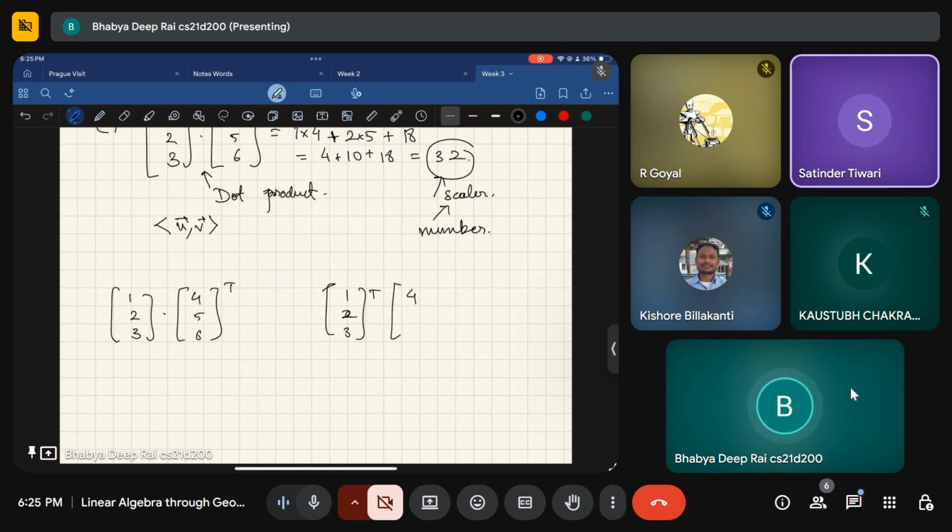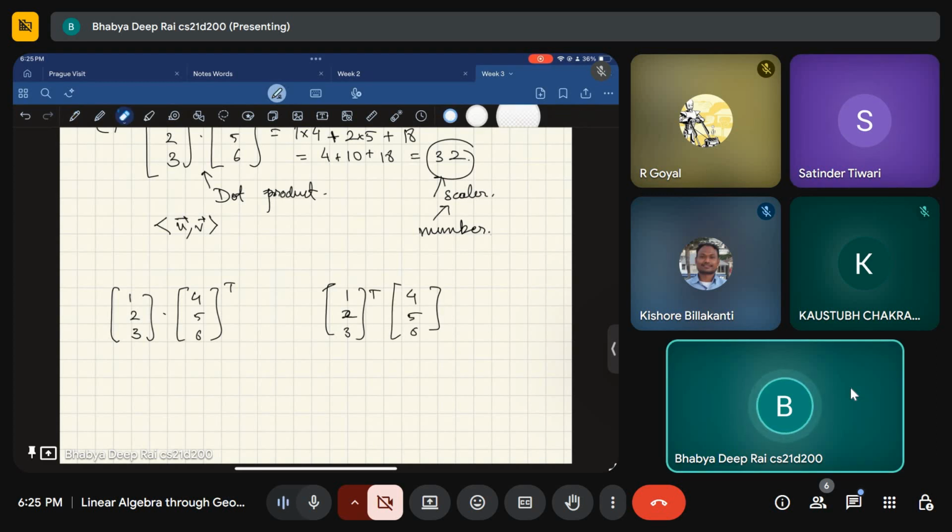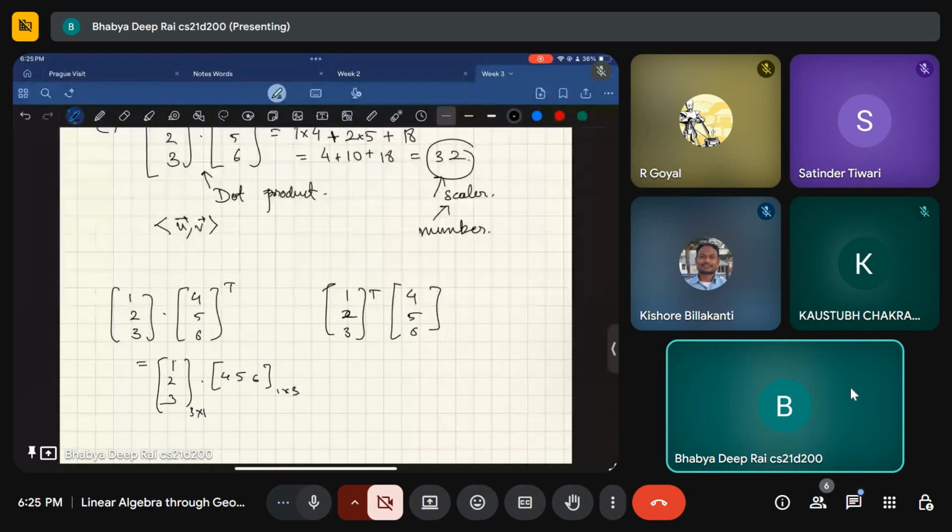Now let's see this: 1, 2, 3, followed by column 4, 5, 6. This is 1 cross 3, and this is 3 cross 1. This is still multiplicable, no? Both are fine. Exactly.